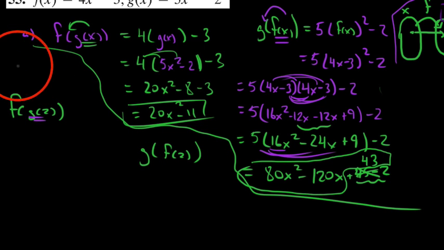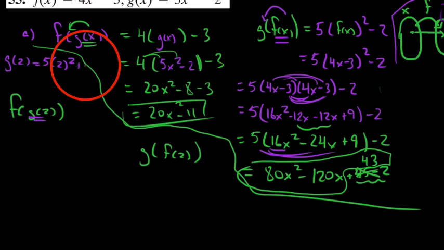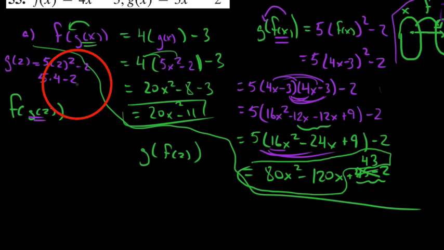So what is g of 2? G of 2 would be 5 times 2 squared minus 2, it's not plus 2. So I get 5 times 4 minus 2, or 20 minus 2 is 18.